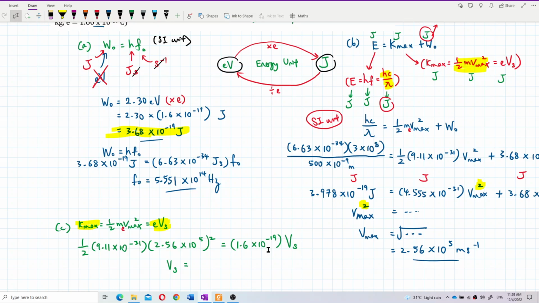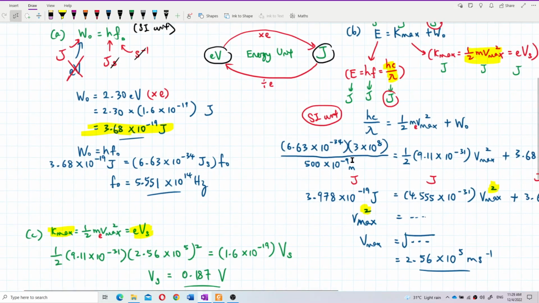So I got my stopping potential, which is 0.187 volts. That's my stopping potential.